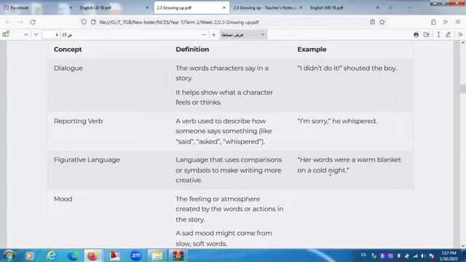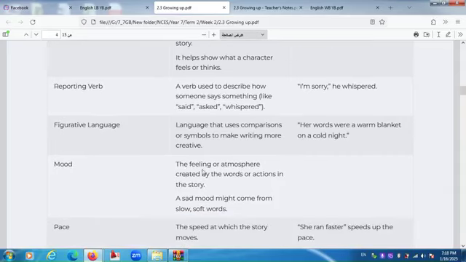It's not literal, in order to make the meaning or the image simple in the minds of the reader. Mood: it is the feeling or the atmosphere created by the words or actions in the story. A sad mood might come from slow, soft words. Okay, so usually sad words create sad mood. Happy words create happy mood, happy feeling, happy reaction, if you wish to say.